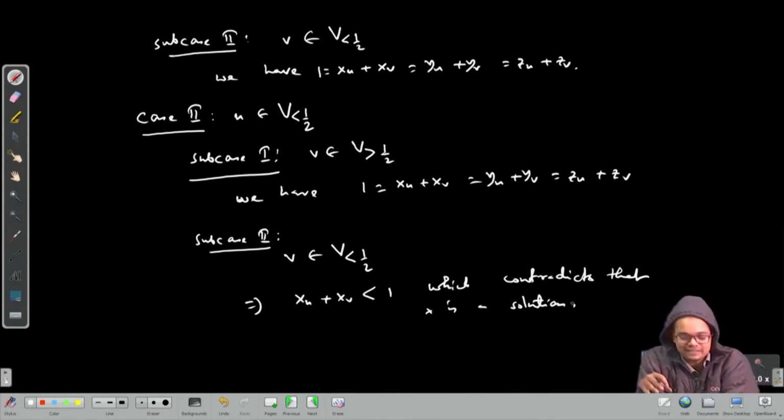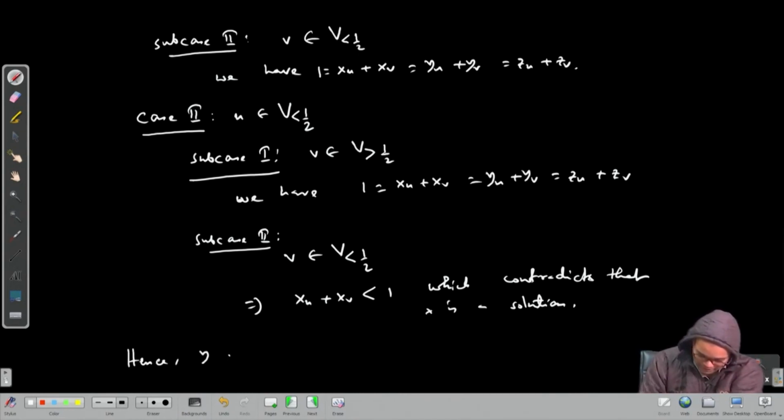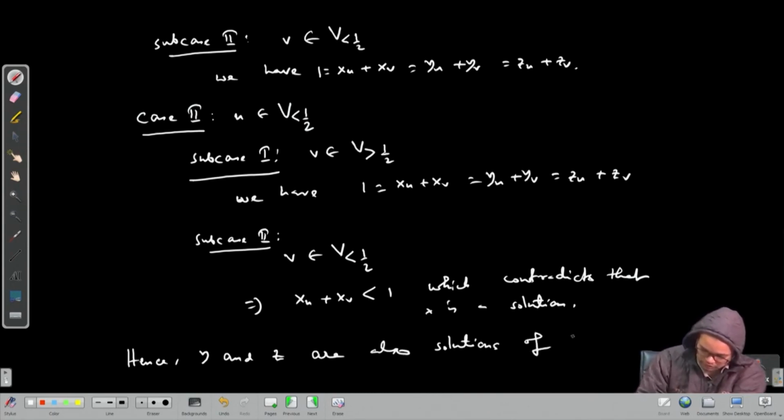In the other 3 cases, we have shown that y and z also satisfy the constraint. So, hence y and z are also solutions of the LP.